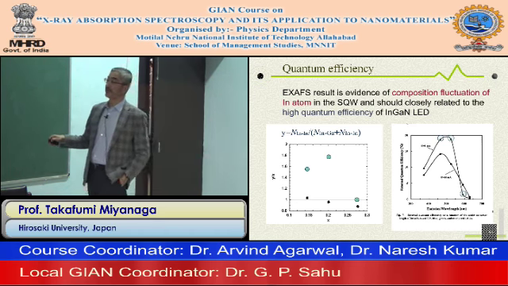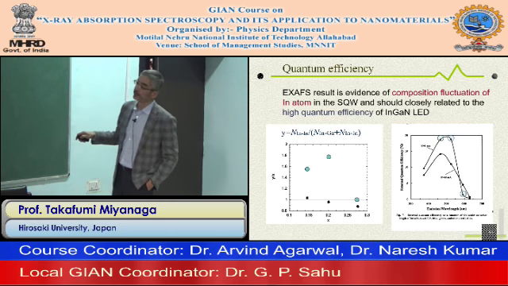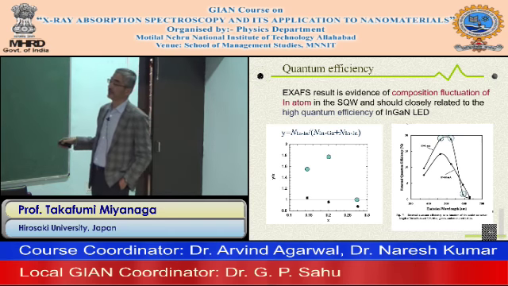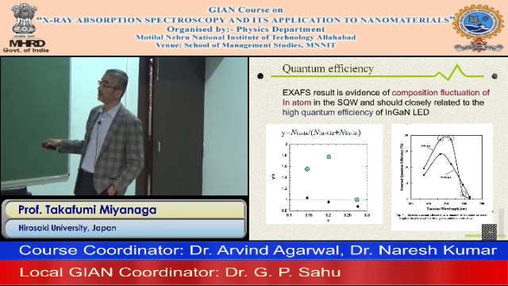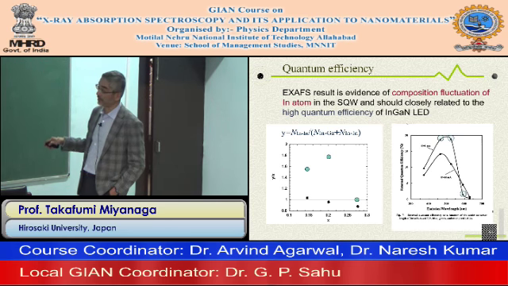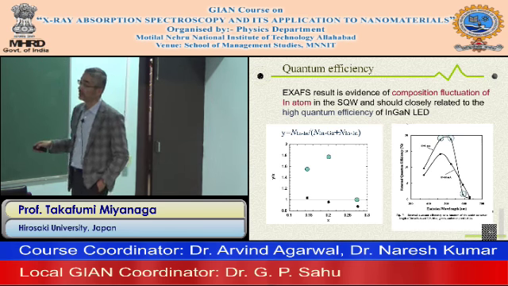This behavior is quite similar to the quantum efficiency depending on the indium concentration or emission wavelengths. These three marked samples are the same as our measurement of the X-axis.